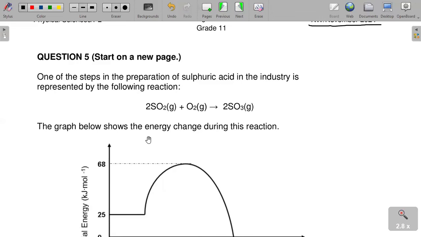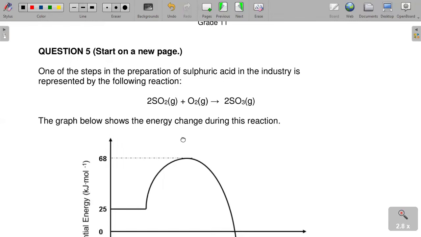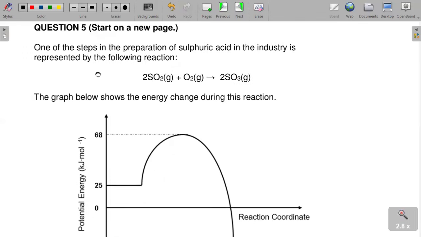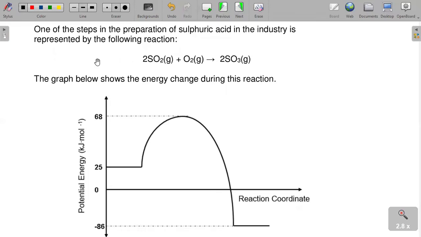So let's get into the question. One of the steps in the preparation of sulfuric acid in the industry is represented by the following reaction. The graph below shows the energy change during this reaction.